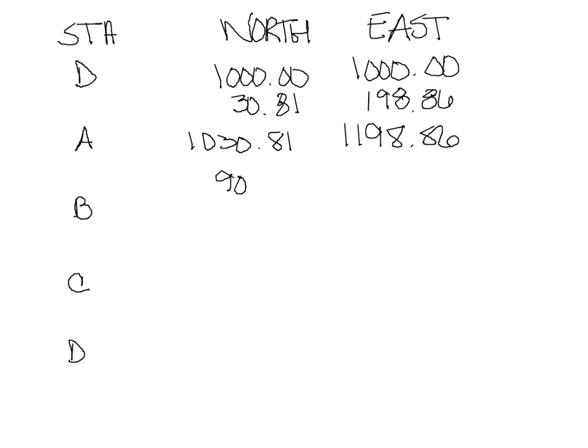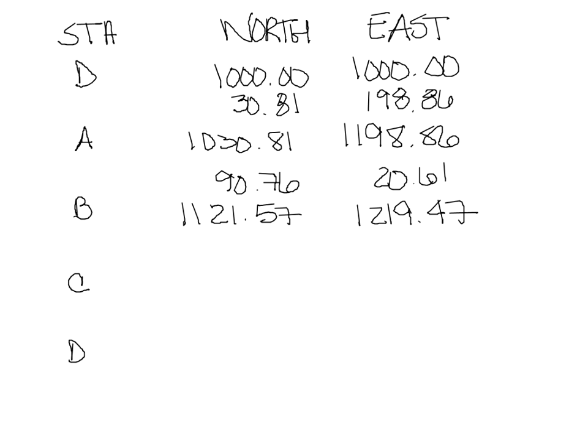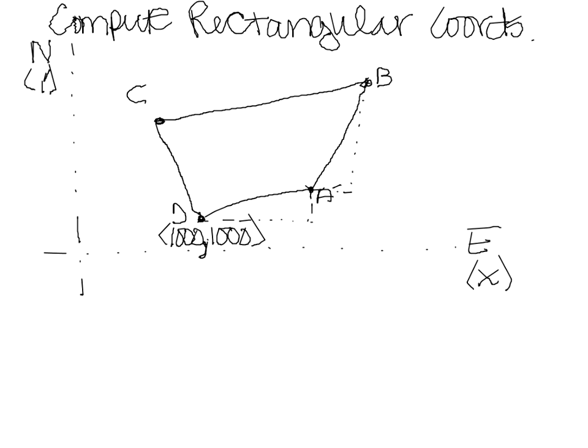We go 90.76, our balanced latitude, and 20.61, our balanced departure, giving us coordinates for B, 1,121.57, 1,219.47. Now we're going to go from B to C. So we're heading west and south.